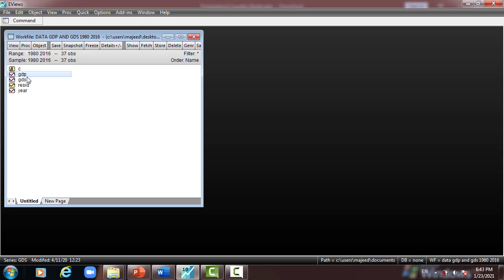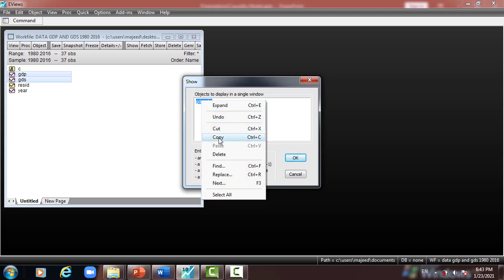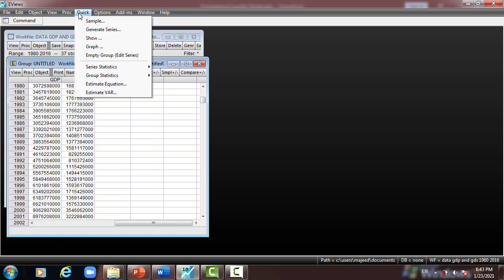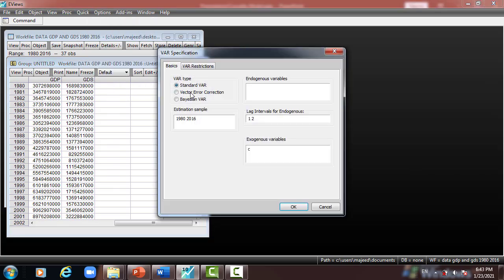We open the two variables, and we can run a vector error correction model because we have one integrating equation. I go to Quick, Estimate VAR, choose vector error correction model, and put the variables here: GDS and then GDP.